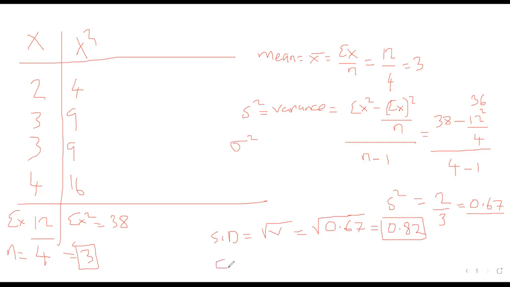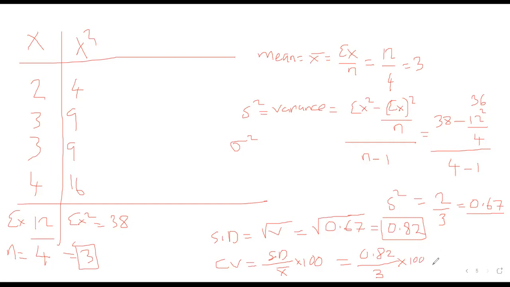Finally, to find the coefficient of variation, it is simply the standard deviation over the mean. We multiply this by 100. So 0.82 divided by what? Mean, which is 3. 0.82 divided by the mean.